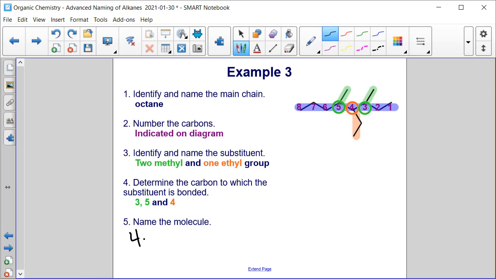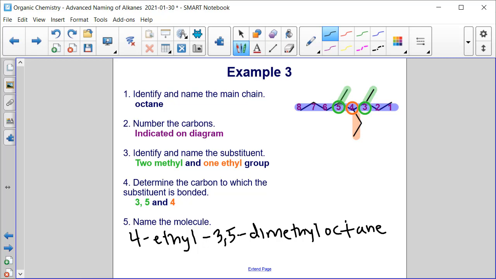So we have 4-ethyl. We separate by a dash, and we say 3,5-dimethyl, and then our parent name, octane. 4-ethyl-3,5-dimethyloctane.